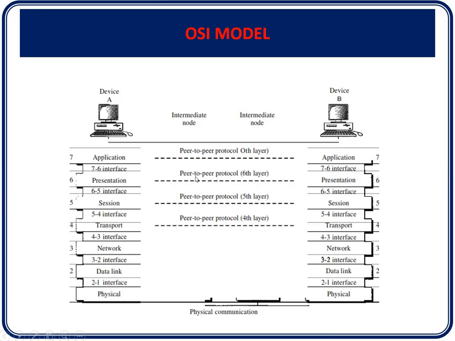On the sending device, each layer adds its own information to the message received from the layer above. On the receiving device, the message is unwrapped layer by layer. Layer 2 extracts its data and forwards it to layer 3, and layer 3 forwards it up to the application layer. So this is the principle for every layer.